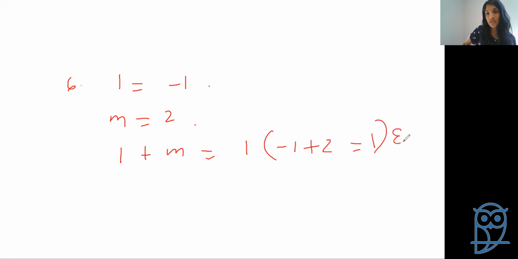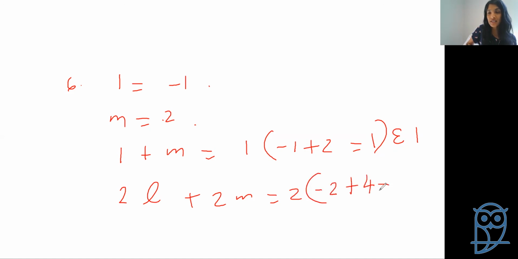And we're calling this equation 1. Then we're going to say 2l plus 2m is equal to 2, open brackets, minus 2 plus 4 is equal to 2. And that's how we have equation 2.